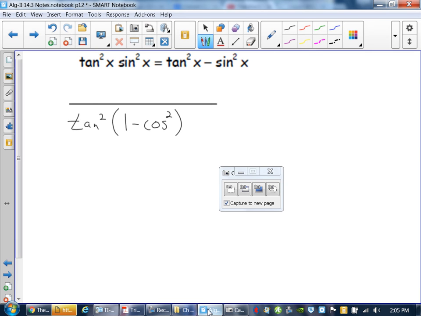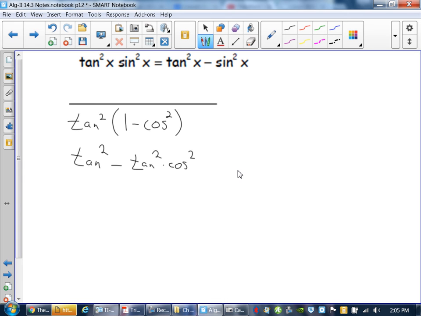If I distribute, I get tangent squared minus tangent squared times cosine squared. What is tangent squared? Sine squared over cosine squared. So I get tangent squared and what drops?